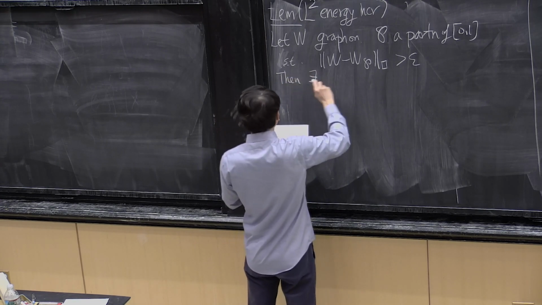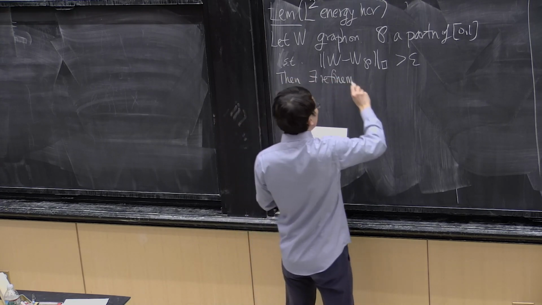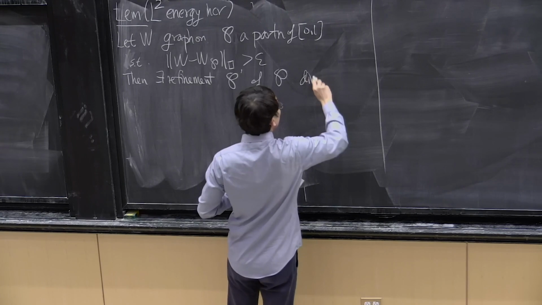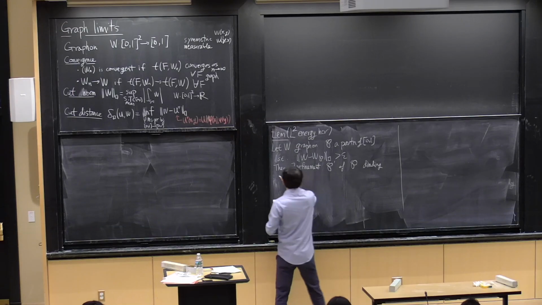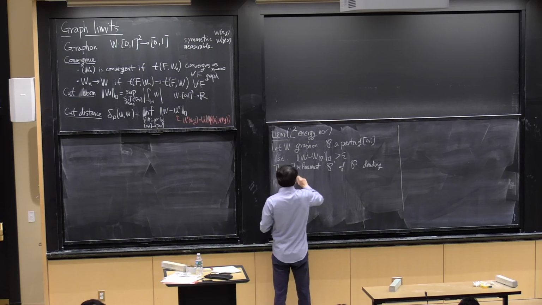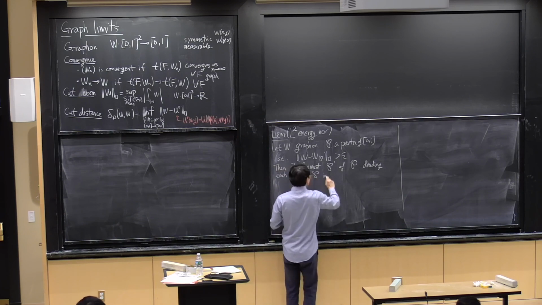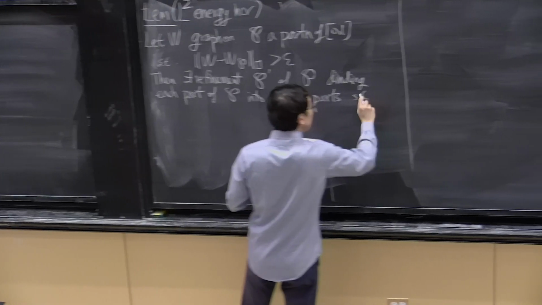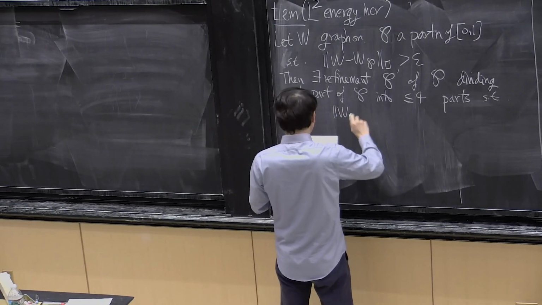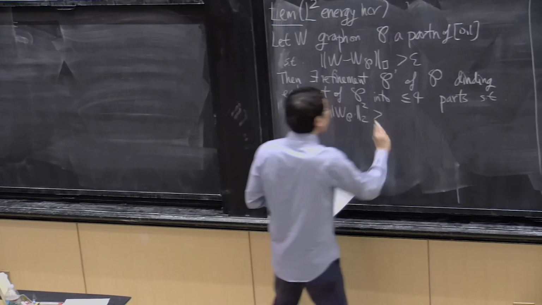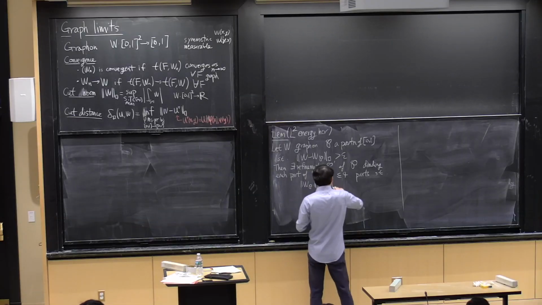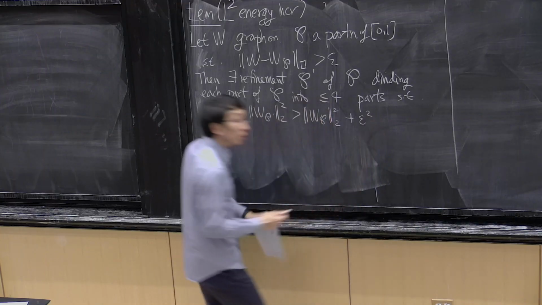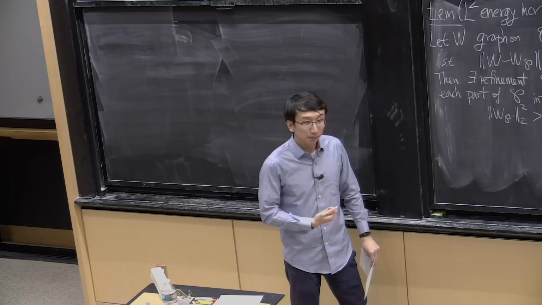Then there exists a refinement P prime of P, dividing each part of P into at most 4 parts, such that the 2 norm increases by more than epsilon squared under this refinement.